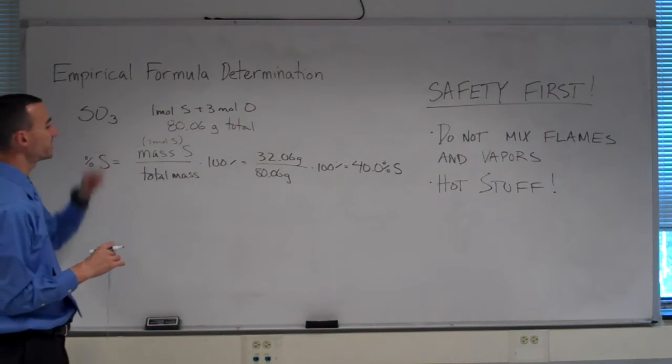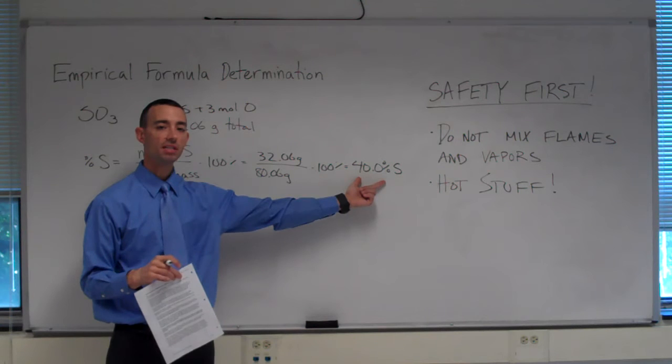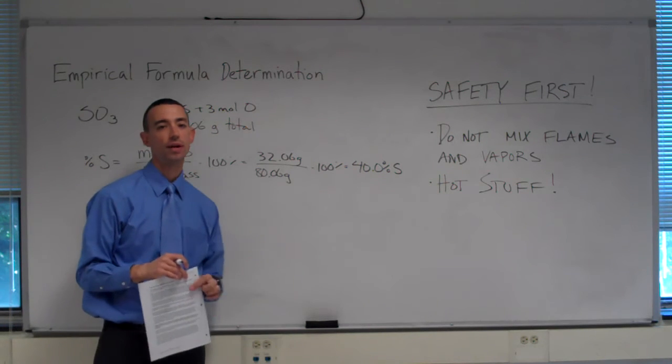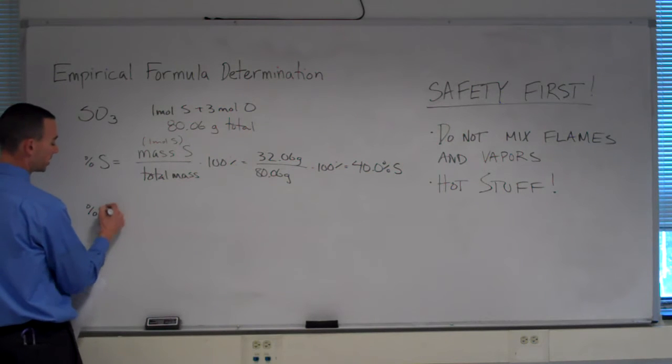Now, given that the compound only contains 2 elements, the remaining 60% must be from oxygen. So we've quickly solved for that. But we could verify that with a quick calculation.